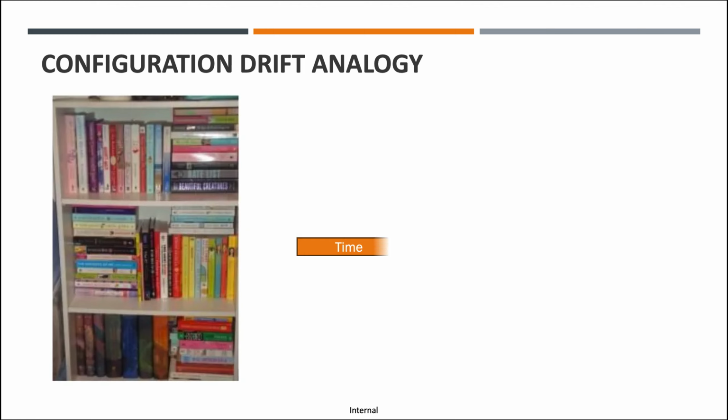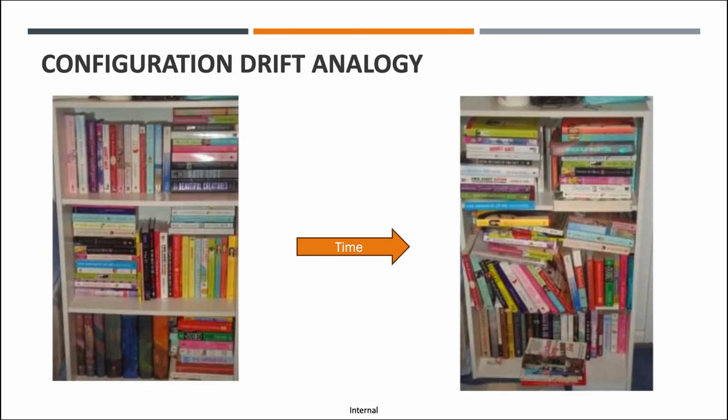However, over time, as books are borrowed and returned, some are misplaced or put back in the incorrect order. This gradual change from the original organized state to a slightly disorganized state is similar to configuration drift in networking.